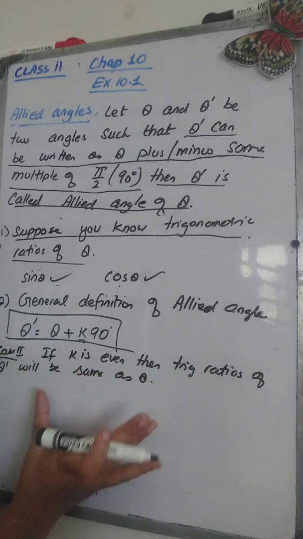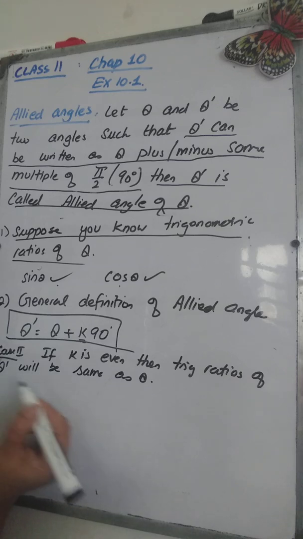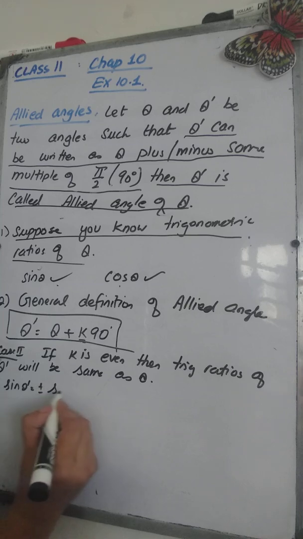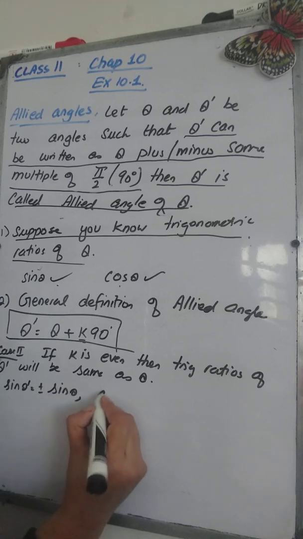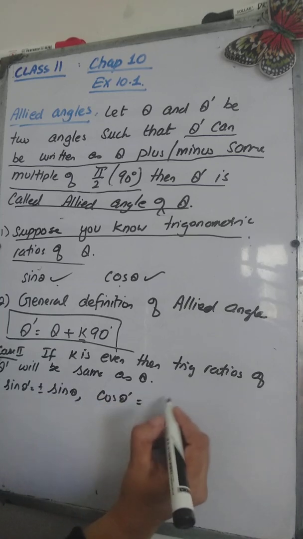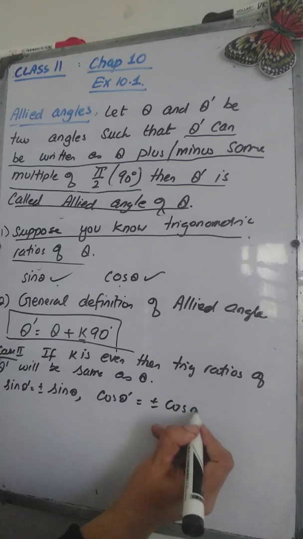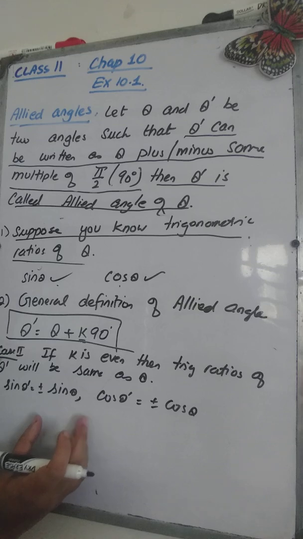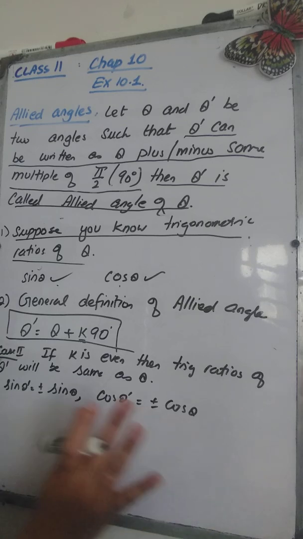We will decide the sign as we did in the previous case. That is, sine of theta dash will be equal to plus minus sine of theta. Cos of theta dash will be equal to plus minus cos of theta, and similarly tangent of theta dash will be equal to plus minus tangent theta, cotangent to cotangent, and so on.